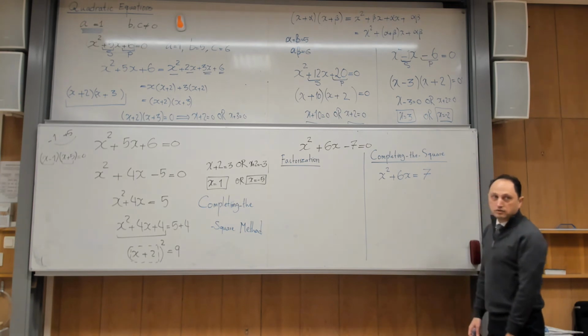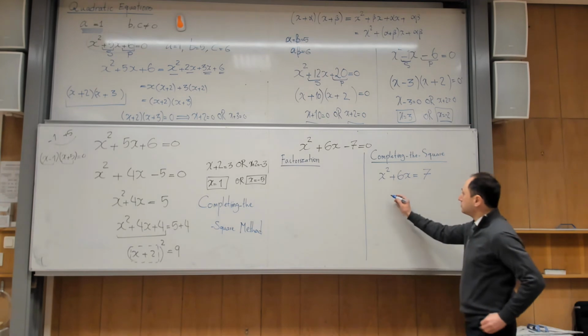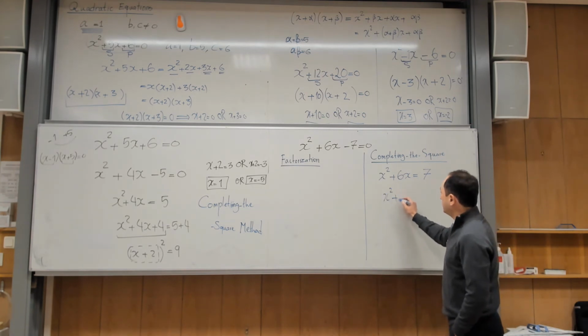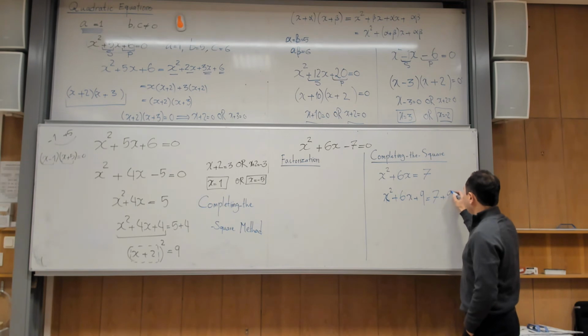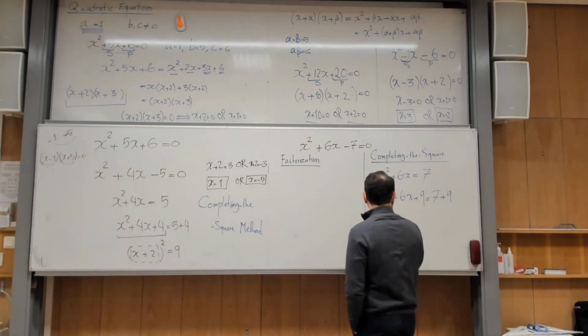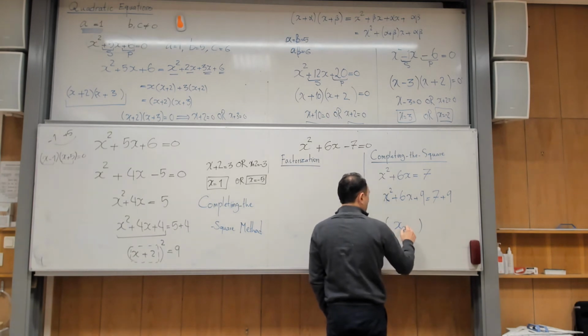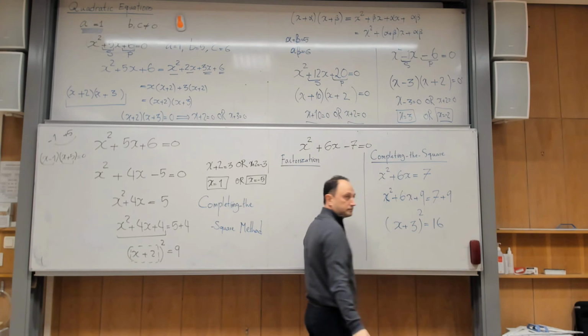What is that number? Yes? 9. So I add 9 to both sides. x squared plus 6x plus 9, and on the right-hand side, I also add 9. And then immediately, hopefully, you realize this is a squaring pattern, and the right-hand side becomes 16.